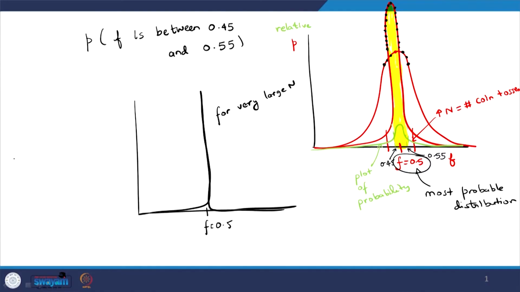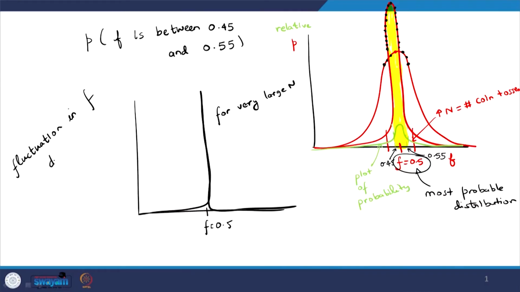In other words, what we can say is that the fluctuation in f, the fluctuation being the deviation from the most probable distribution value, that is 0.5, actually decreases as n, that is the number of tosses, increases.